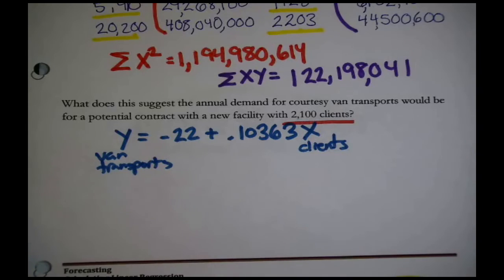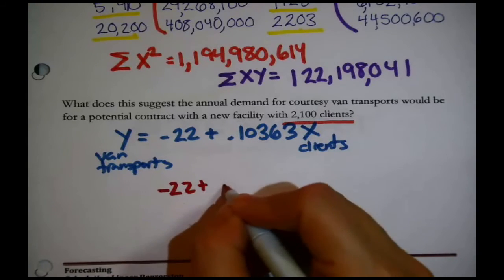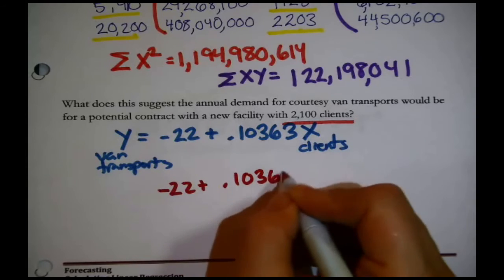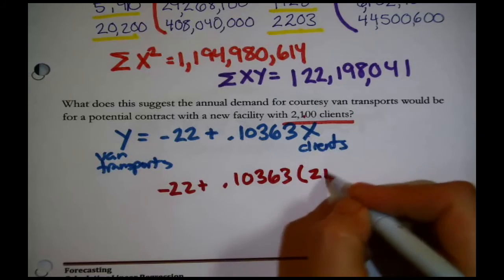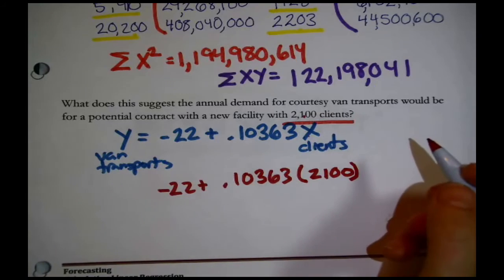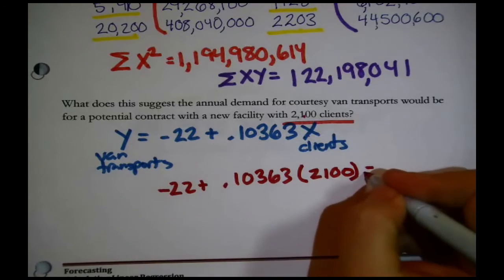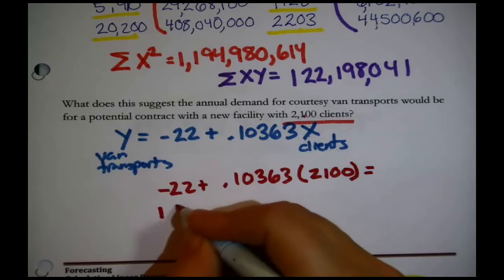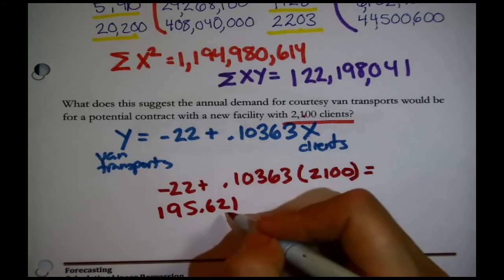We just say, all right, fine. Negative 22 plus 0.10363 times, put the 2100 here, 2100. I did that and I got, this equals, it's kind of messy, 195.621, of which there's no such thing as that many van transports.